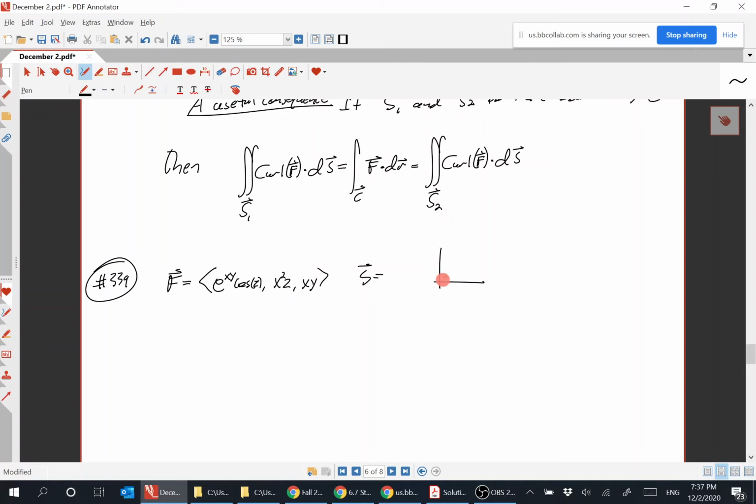So it's the half a sphere of radius 1, pointed outward. So the front half of this sphere.